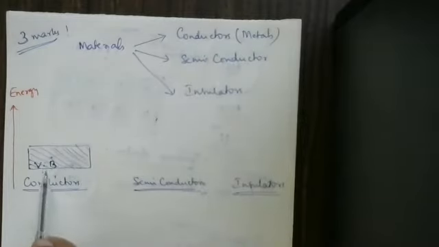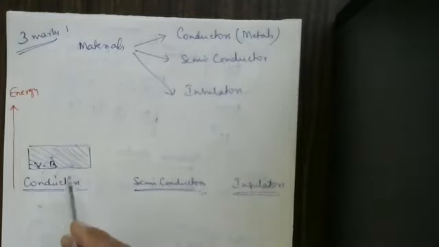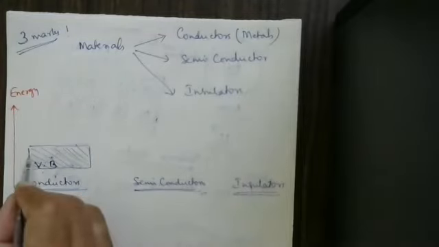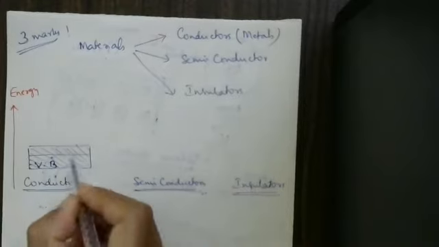Now the valence band is there. In conductors, the valence band is either partially filled or completely filled. Then where is the conduction band? The conduction band is attached to this. This is the conduction band.